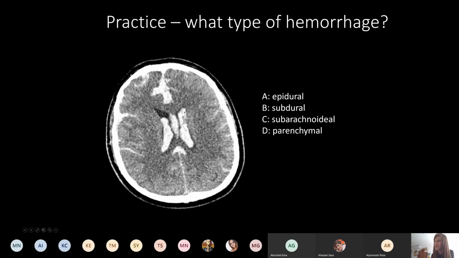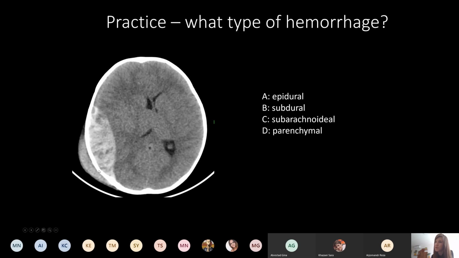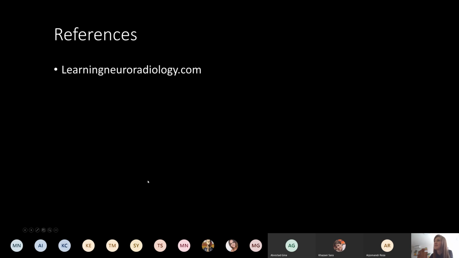Subarachnoidal. Yes, correct. Subarachnoidal, and it also breaks into the ventricles as well. But it's subarachnoidal. This one here. Epidural, yes, correct. Lens-shaped.